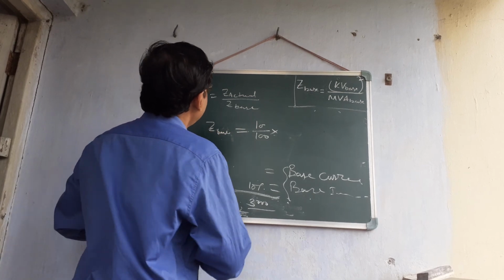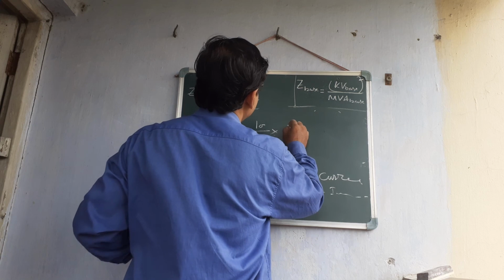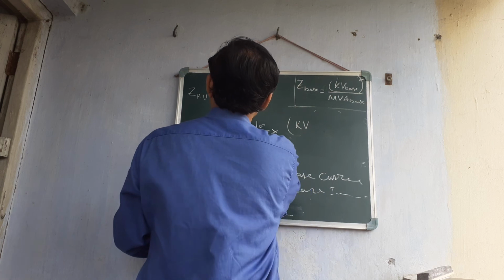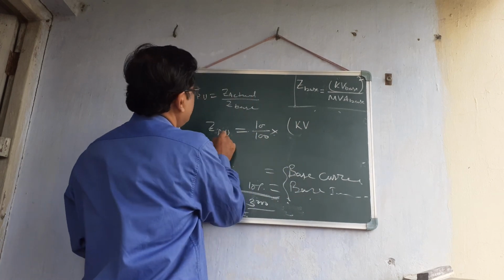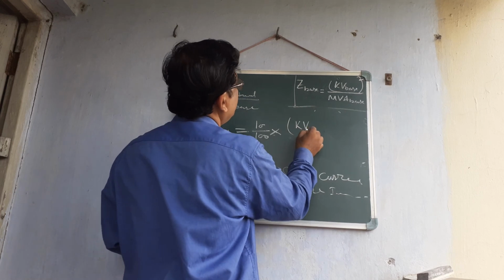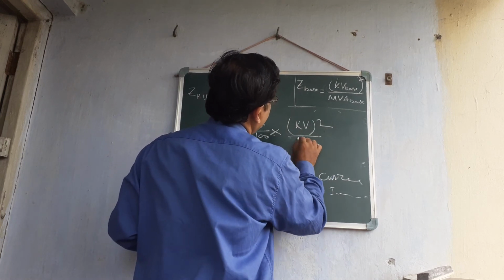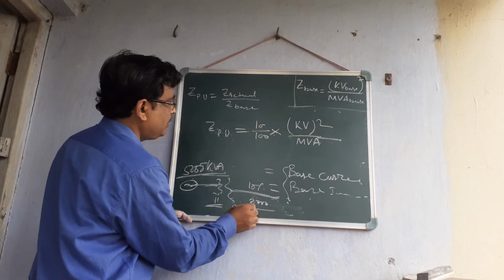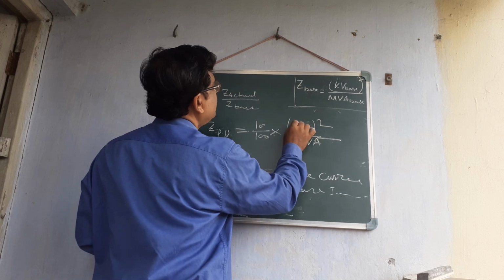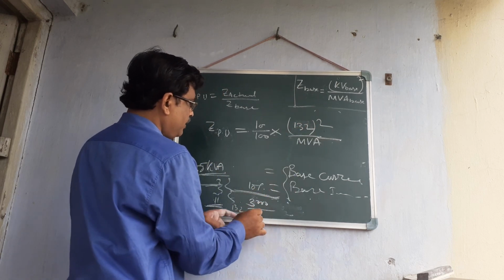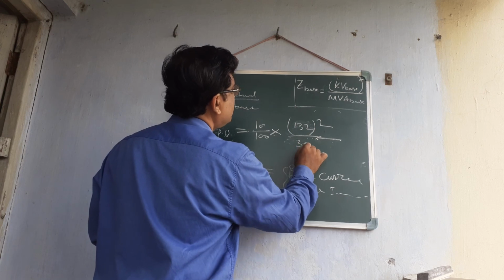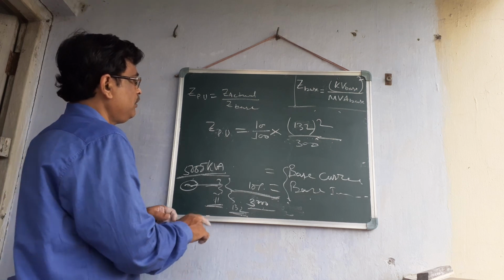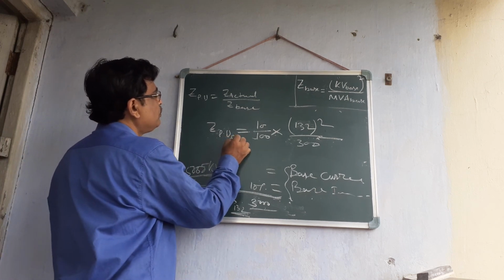Use the formula Z actual equals kV square by MVA base. Now the base kV here is 132, so instead of this it will be 132, and the MVA base is 3000. So Z per unit will be determined, and we can say this is old.